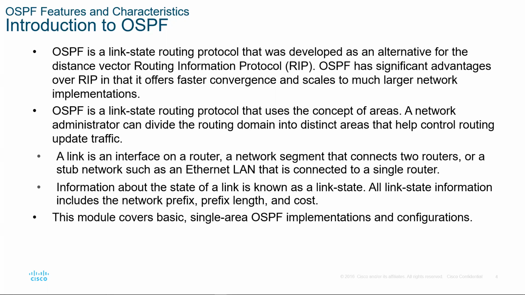With OSPF being a link state, it has a much larger picture of the network, and it assigns a cost based on the bandwidth of each link and adds them up. So you get a better metric or cost to reflect the true availability of the path to the destination.